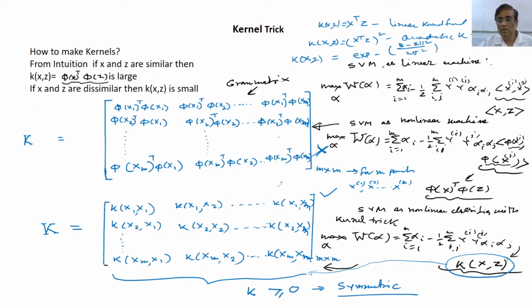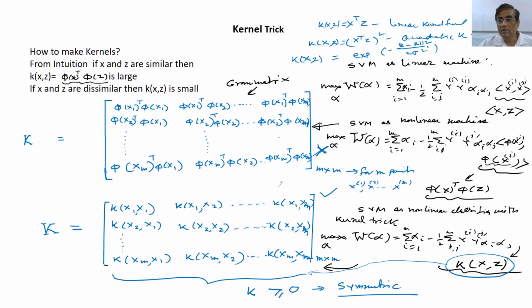This is called your Gaussian kernel. This is a very highly used kernel.